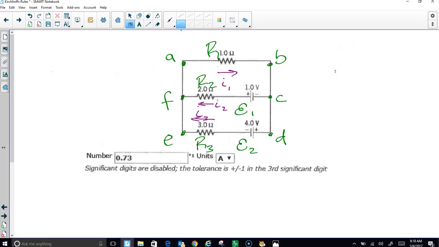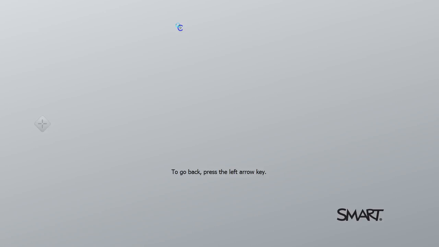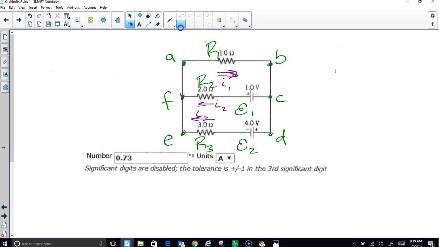So when I say I1 going to the right there, my board is really giving me headaches here. I'm going to recalibrate. One second. At this point, I may have all 3 currents wrong. I'm not sure, but let me just clean this up if I can.